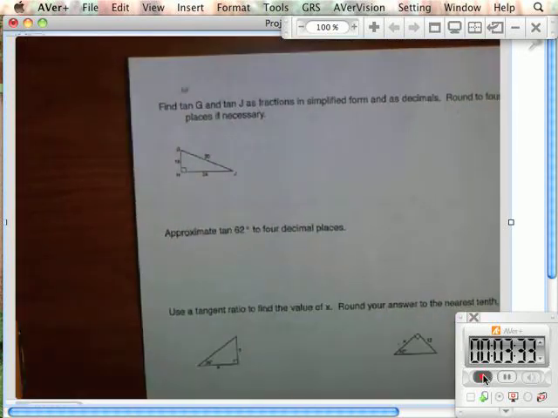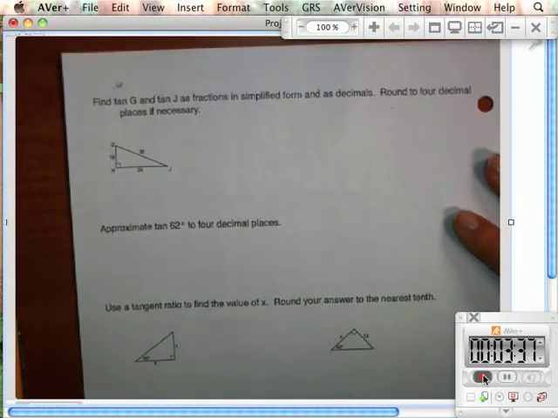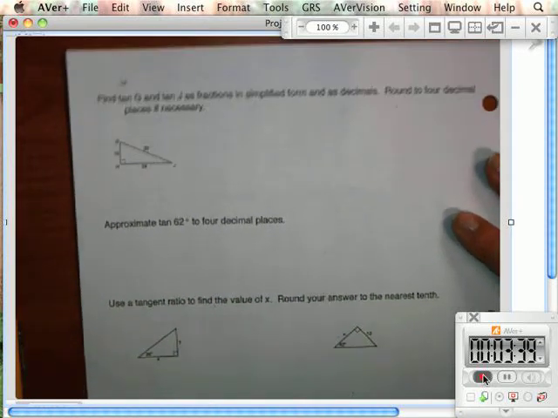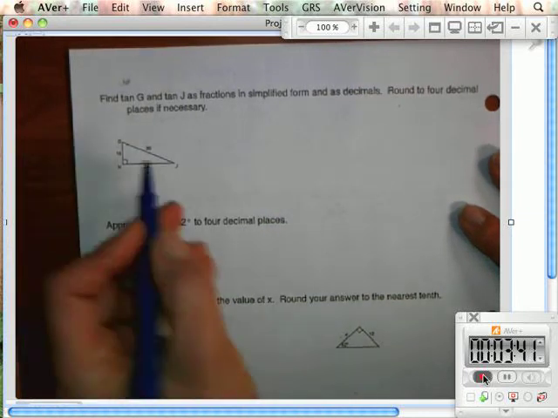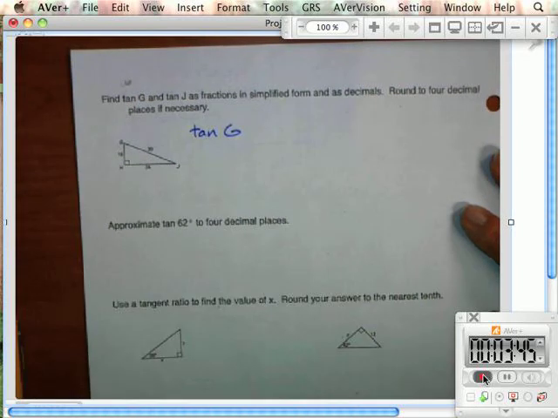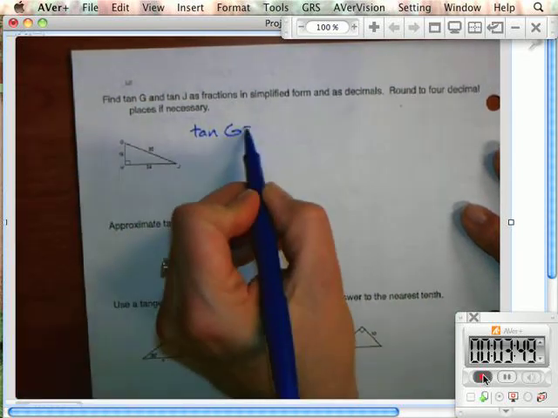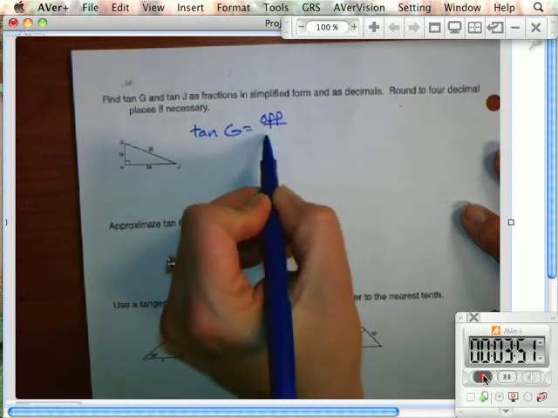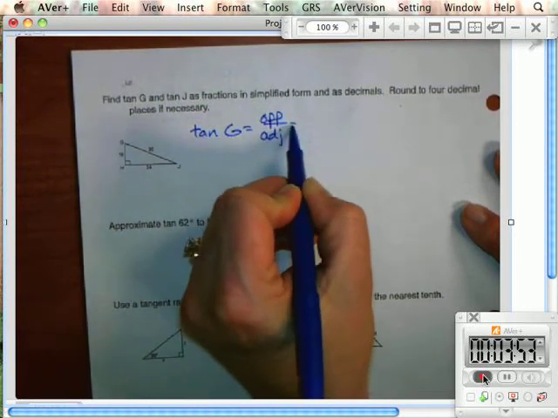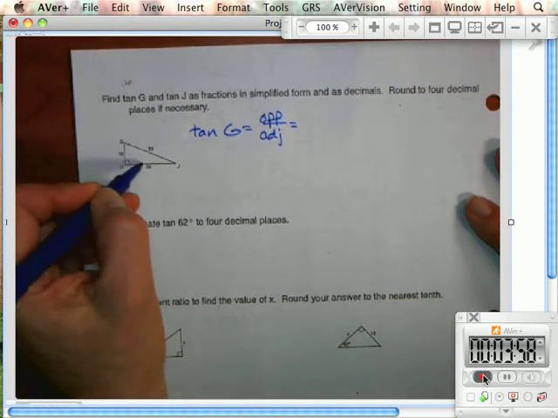Find the tangent of G and the tangent of J as fractions in simplified form and as decimals. Round to 4 decimal places if necessary. Let's start with the tangent of G. So we're up here at this angle right here. Remember, it's opposite over adjacent. From G, how long is the leg opposite it?